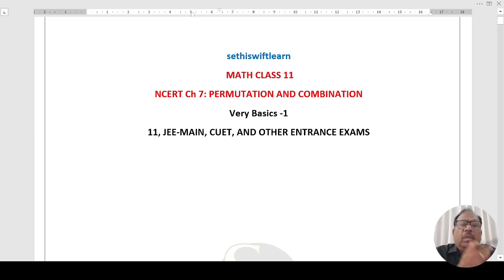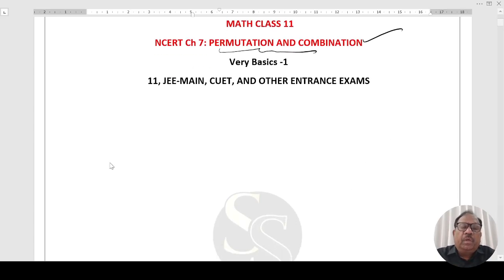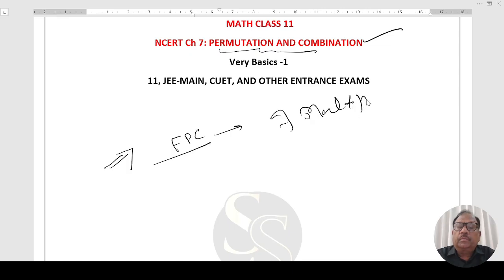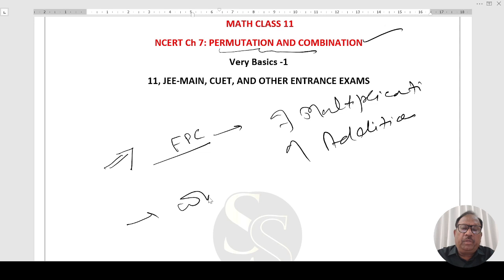Hello students, in today's session of permutation and combination, the very basics will be cleared through illustrations. In this session, we are going to discuss the fundamental principle of counting, of multiplication, of addition. What is factorial?